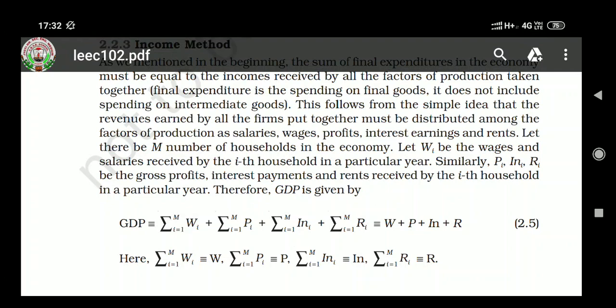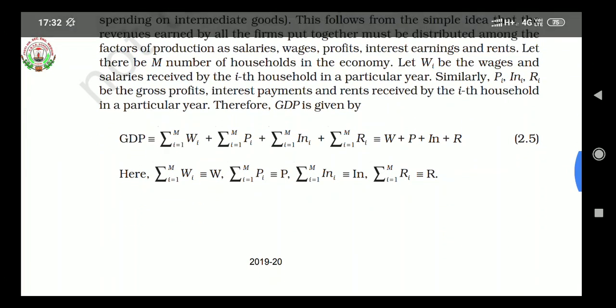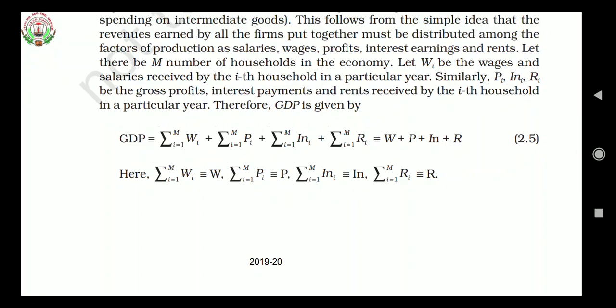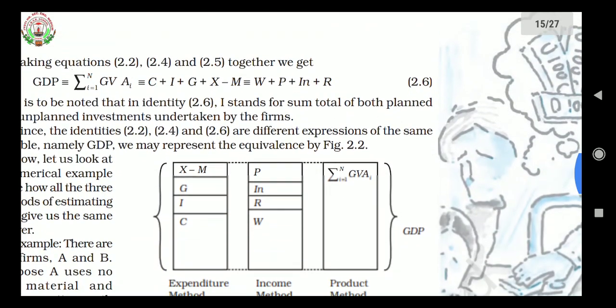Therefore, GDP is given by GDP equals the sum total of Wi, plus the sum total of Pi, plus the sum total of Ini, plus the sum total of Ri. It simply means GDP equals wages plus profit plus interest plus rent. So the formula is very easy, and the calculation of income is very easy by the income method.